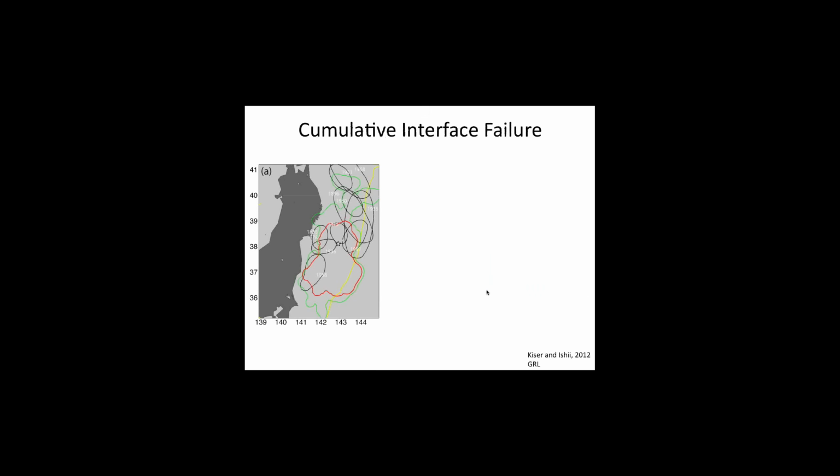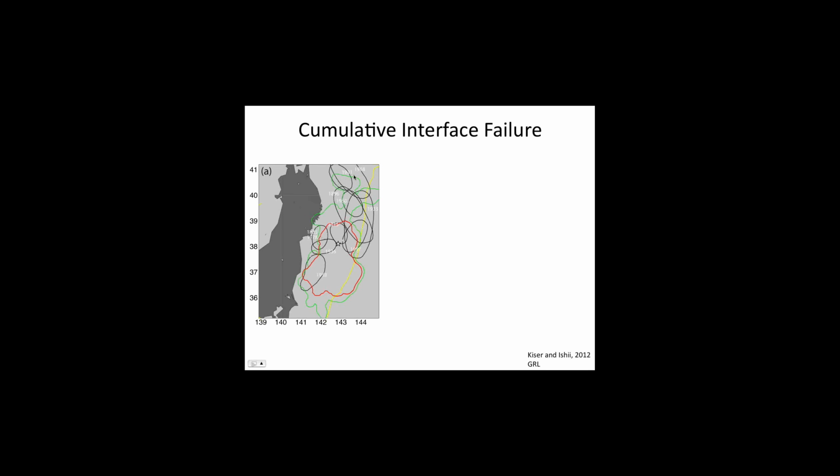Another interesting aspect of these rupture areas is that if you compare the cumulative rupture area or interface failure by combining the back projection results for the main shock and the aftershocks, and compare that to just the back projection result for the main shock, this is what you see.